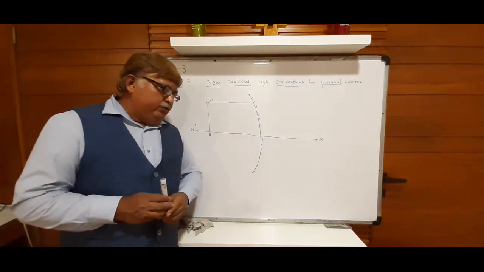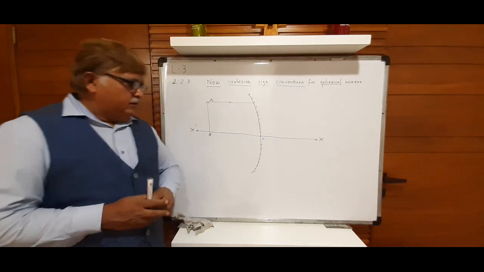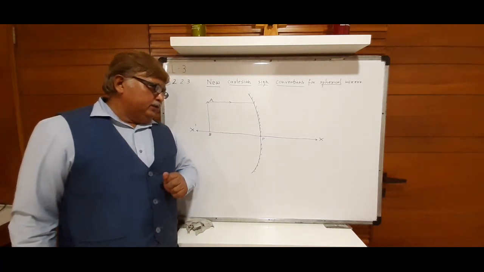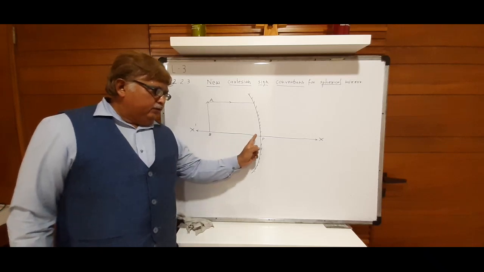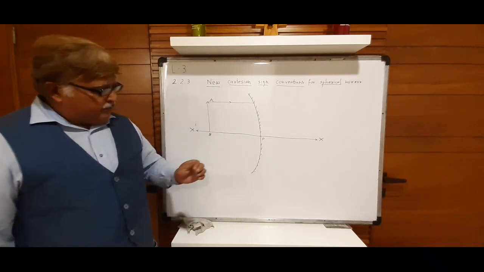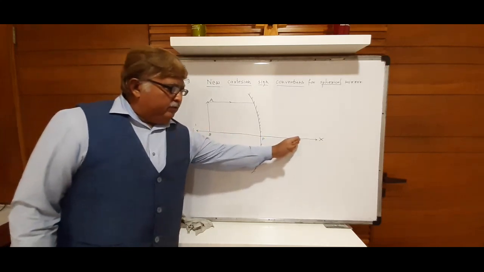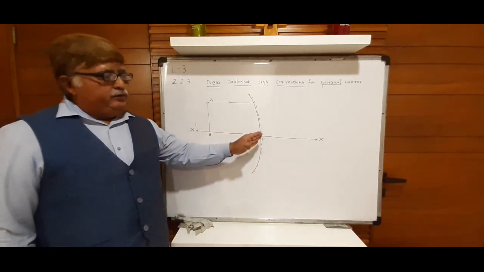Rule number 3: all distances measured from the pole are measured parallel to the principal axis.